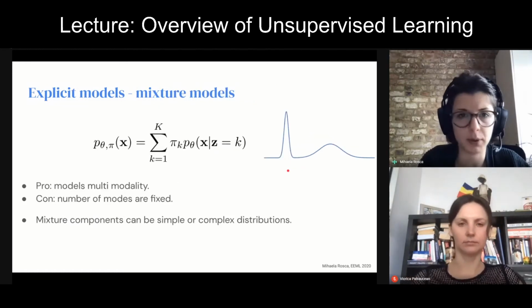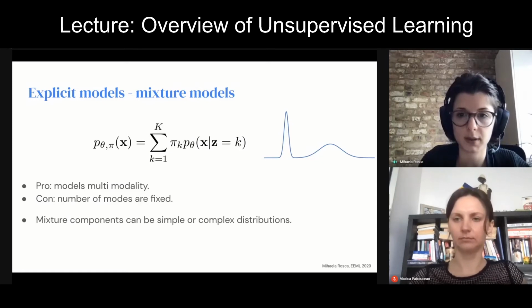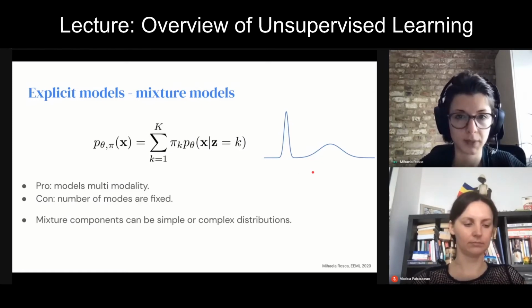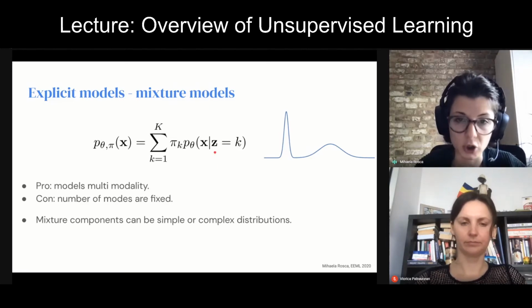And perhaps the simple way is to go to mixture models. So mixture models already will solve the multimodality problem. What mixture models say is, well, I'm going to learn a weighted sum of probability of specific mixture components. So these pi k's will have to sum to 1. Then this is a valid probability distribution. And these individual components I can choose myself.